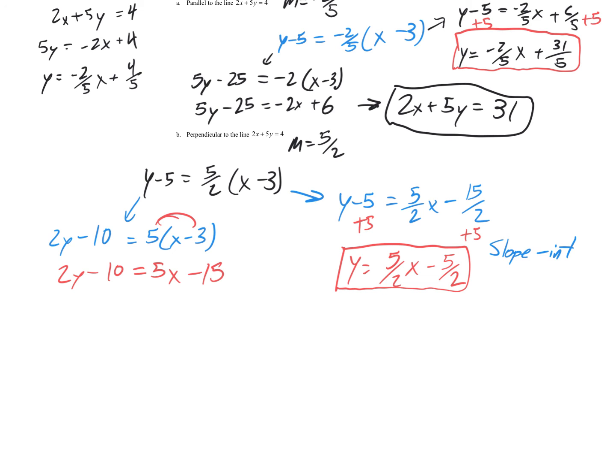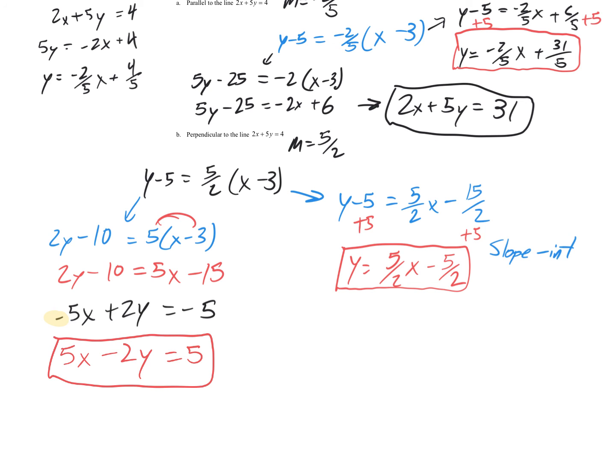So negative 5x plus 2y equals negative 5. Now, warning, this is not allowed. You cannot have this negative here. So what we do is divide by negative 1 and flip all the signs back: 5x minus 2y equals positive 5. Basically, the x term is never negative here. The x term must be positive. And that is in standard form.